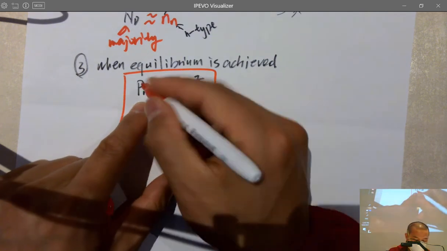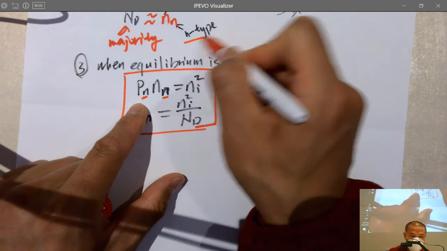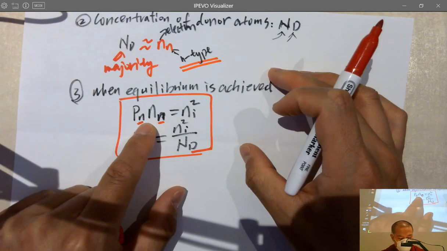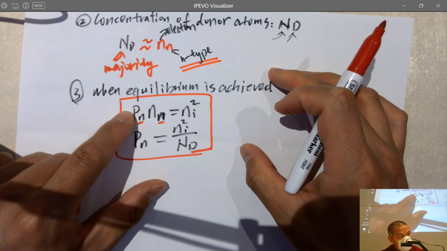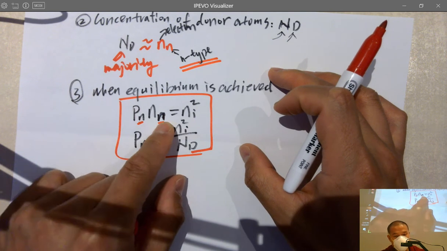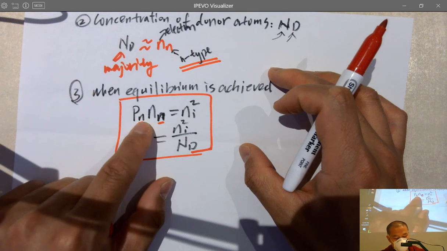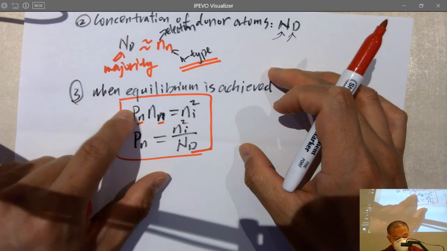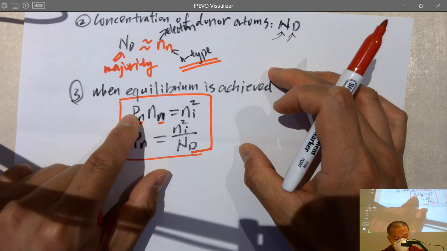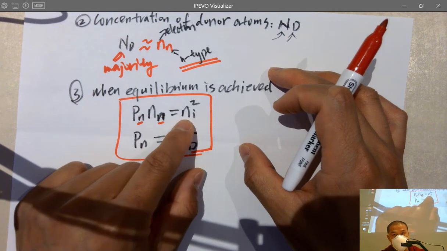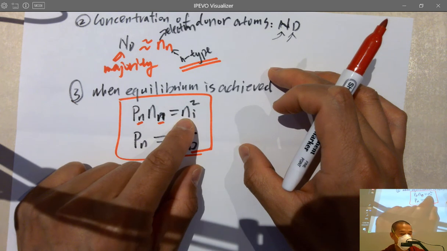Pn, so remember here it is an N-type semiconductor, with the concentration of the holes and the concentration of the electrons. If you use the N-type, the concentration of the electrons times the concentration of the holes equals the square of the number of free electrons in the intrinsic semiconductor.